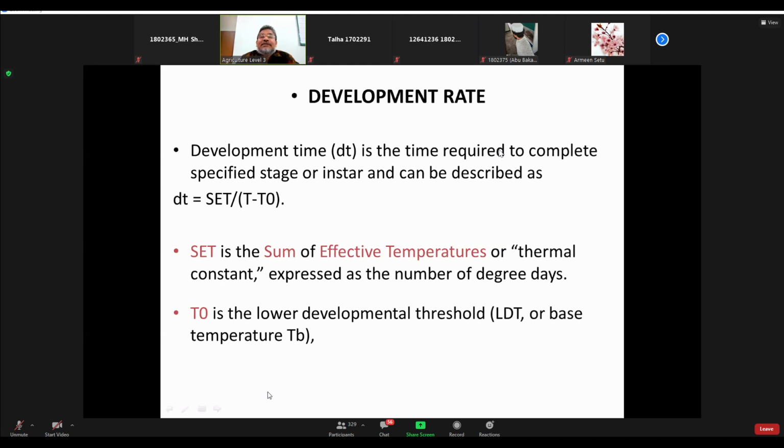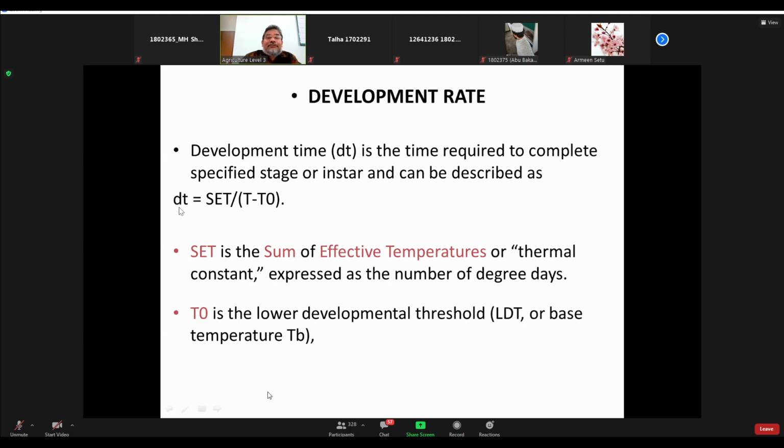Definitely we have to know that this time will vary with the developmental rate. If these things are known, there are three things. One is that we need to find out the developmental time. We need to find out how many days this insect will take to complete its development. Today's baby, after 2 weeks or 3 weeks, will be a mother.